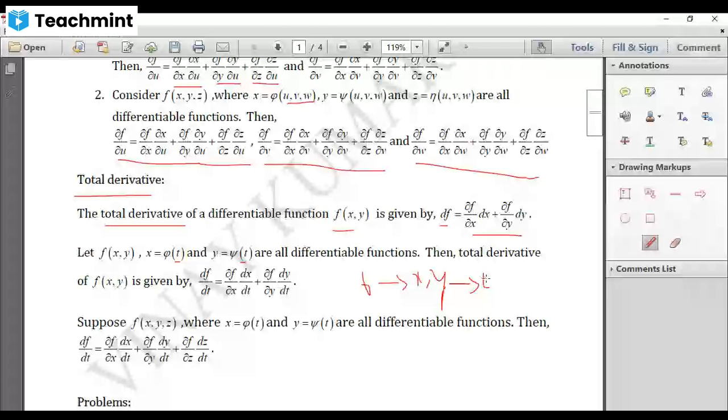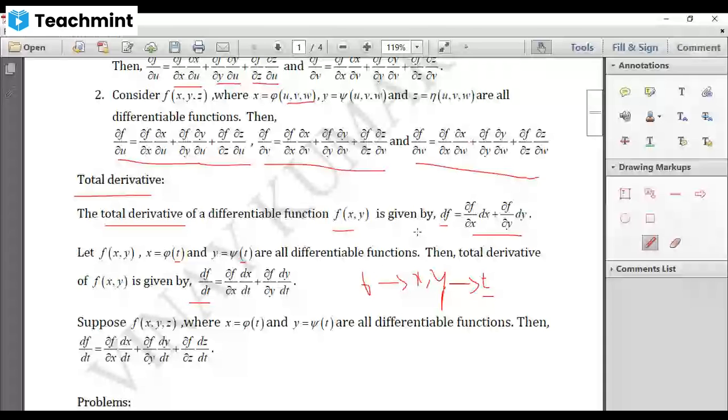So partial derivative of f with respect to t is not needed because there is no other variable to keep as a constant. We are differentiating only with respect to t. Therefore, it is the full derivative, that is total derivative df/dt, because you are having only one independent variable t.